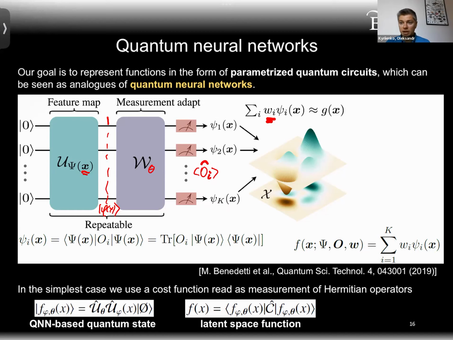And the essence is preparing the latent space function phi of x. This will depend on theta parameters. It will depend on the way you embed your variable and how you measure. So if you figure out each part of the protocol, you have built a quantum model that can represent a certain process.